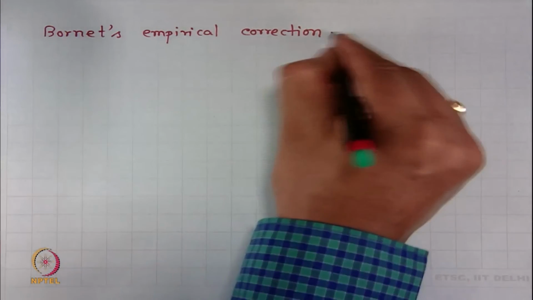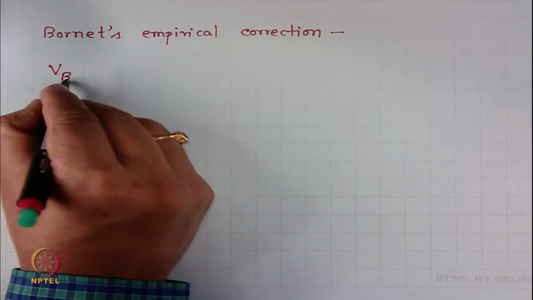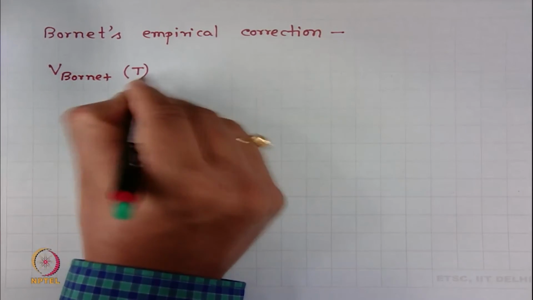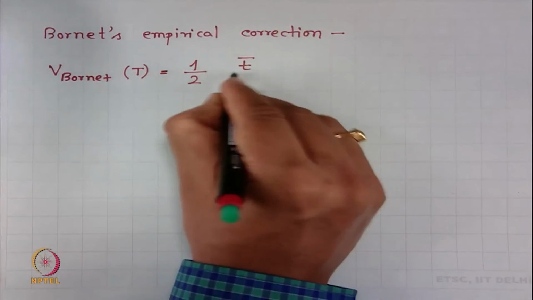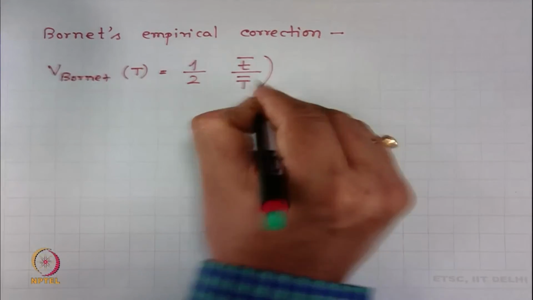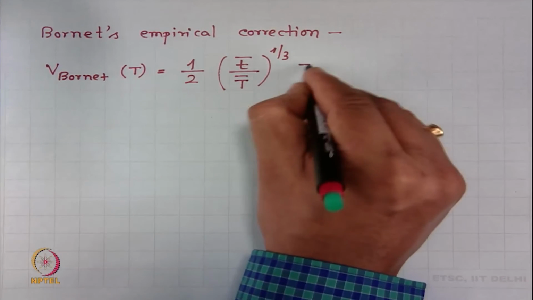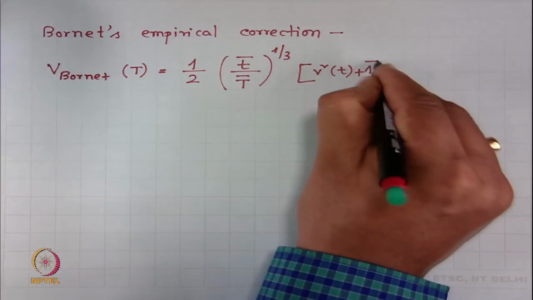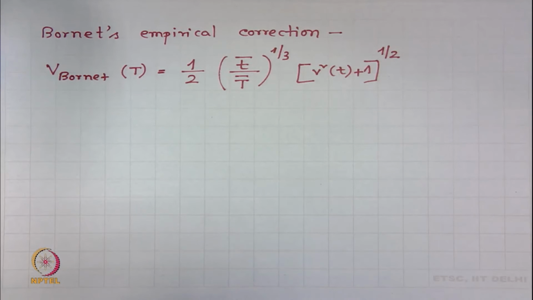Bornet's empirical correction. So, what was Bornet: 1 by 2, T bar by capital T bar, 1 by 3 V square t plus 1, to the power half. This was the expression given by Bornet.